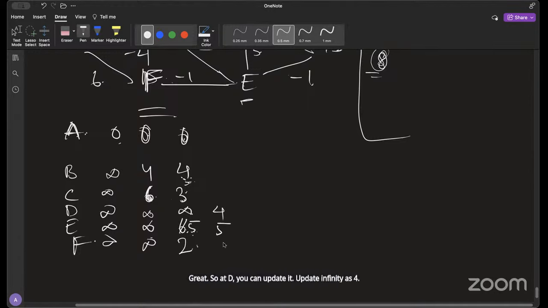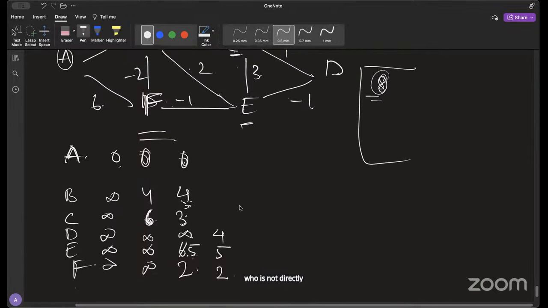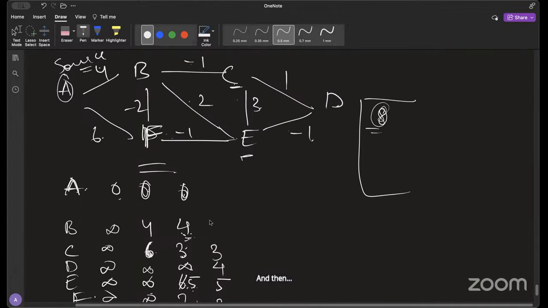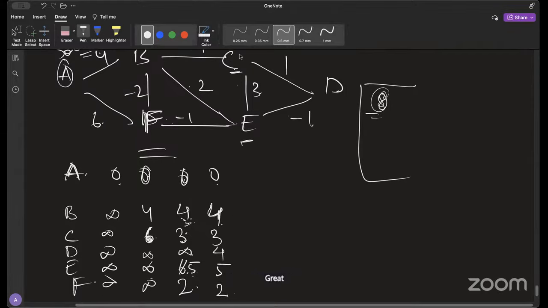5 you can't update. 2 is not directly connected to C, so no need to update yet. And then you go to E, because E is also on the third level.